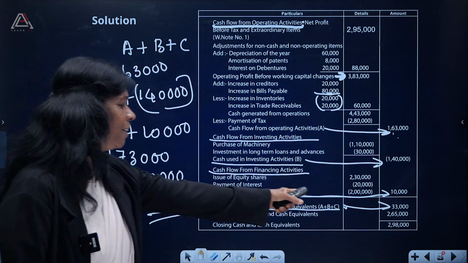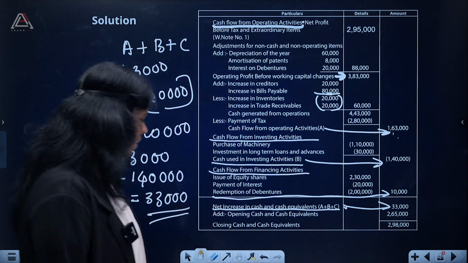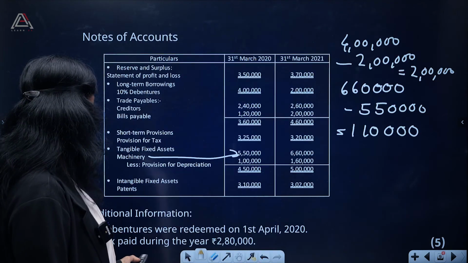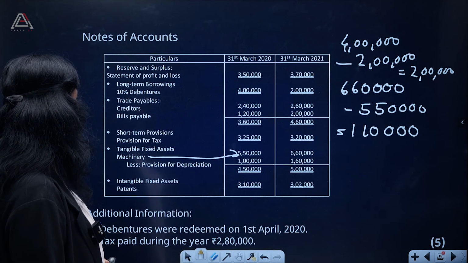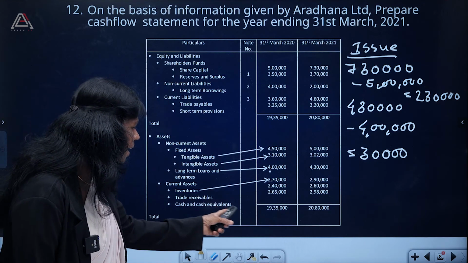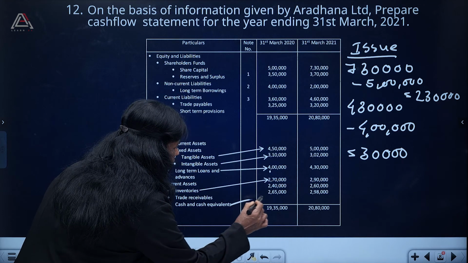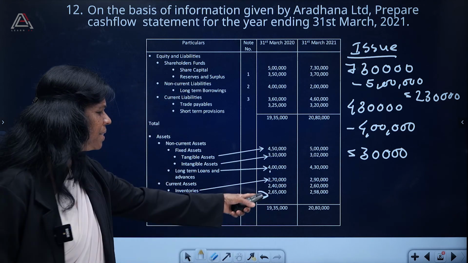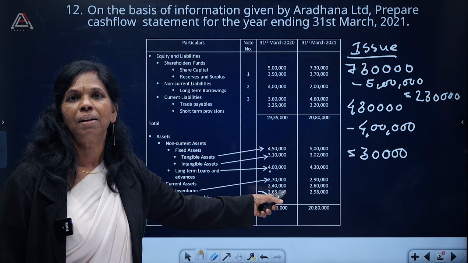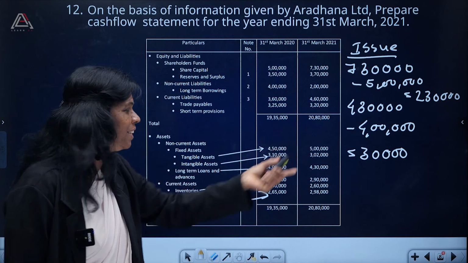Let me check. Then how much is the opening cash balance? Cash and cash equivalents, opening: 2,65,000. We got the balance 33,000.